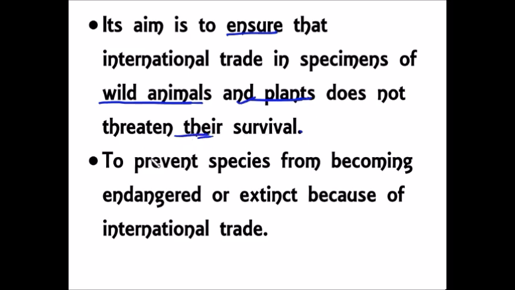The CITES Convention also aims to prevent species from becoming endangered or extinct because of international trade. It means simply you can do trading in wild animals and plants, no problem for us. But the wild animals and plants should not become endangered or extinct.